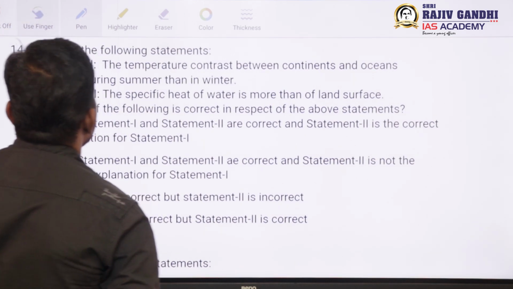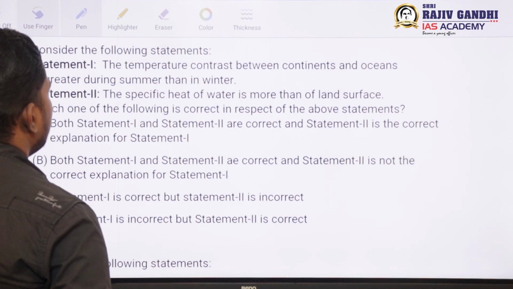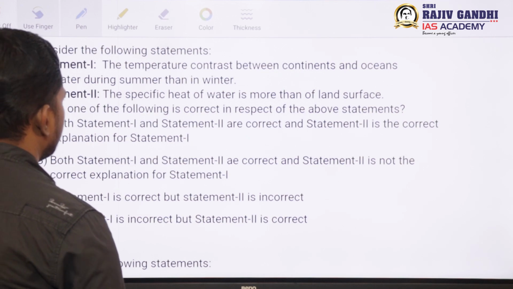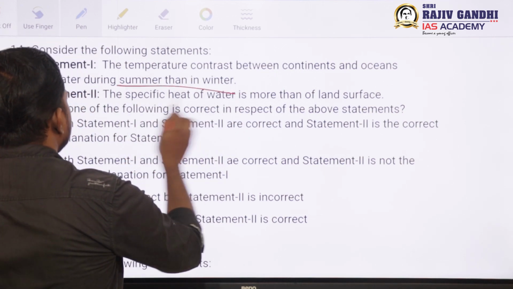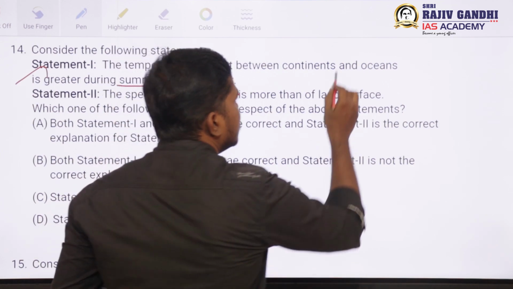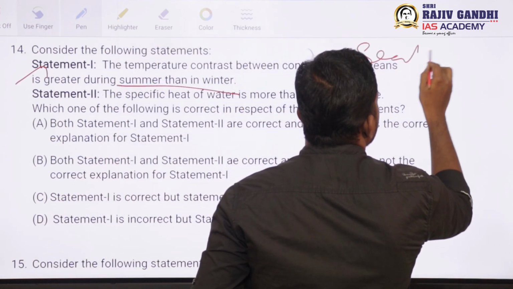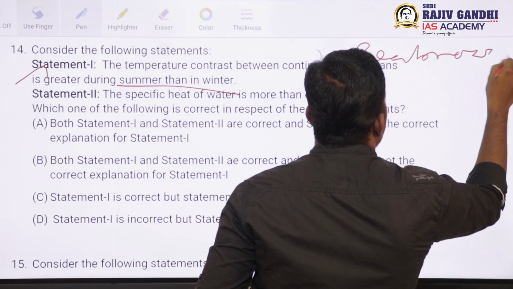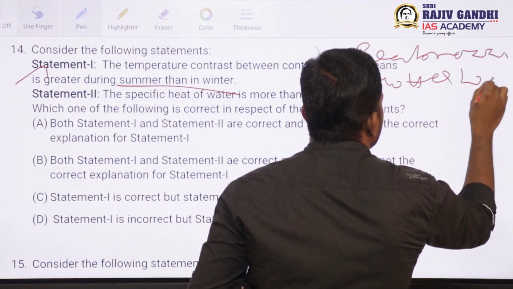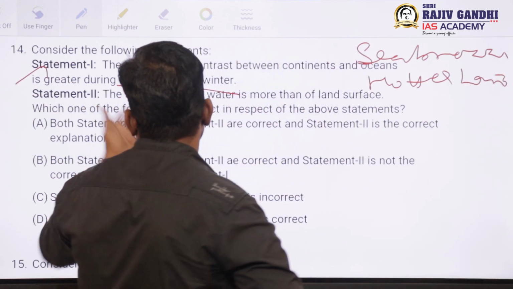The fourth question, consider the following statements. Statement 1, the temperature contrast between continent and ocean is greater during the summer than winter. This is a correct statement because during the summer, due to the sea breeze and hotter landforms, both are reasons for this statement.